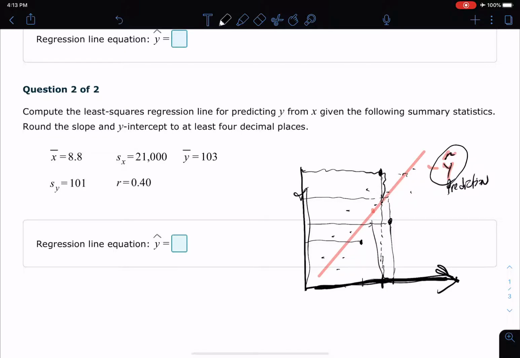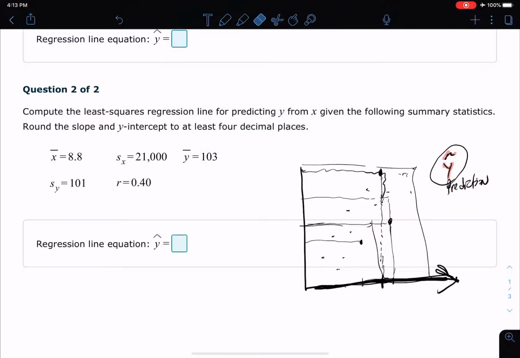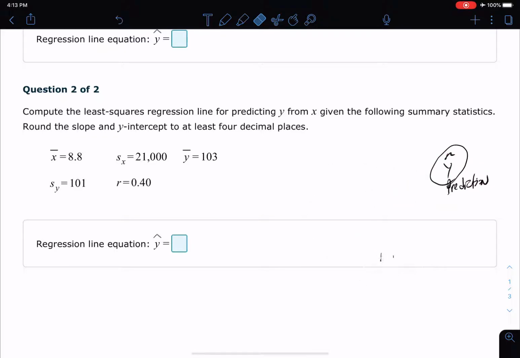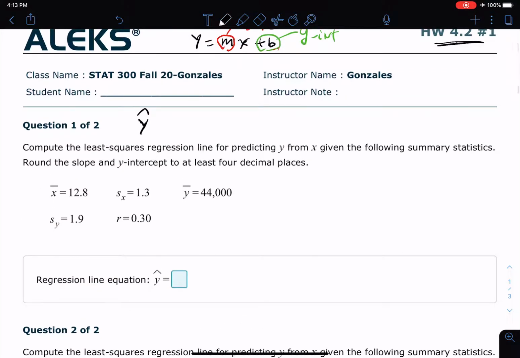So we're here, and the y is here. We go out here, now the y is up there. I'll talk more about this in the next video. But right now, I just want to see, can we come up with the least squares regression line given those 5 pieces of information?